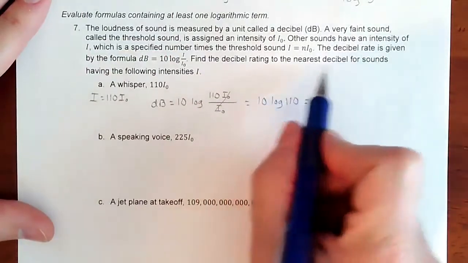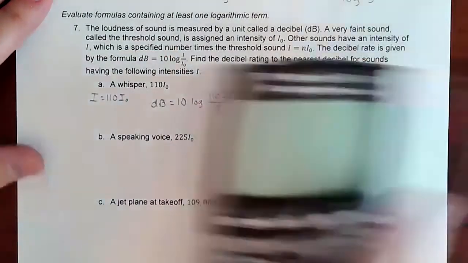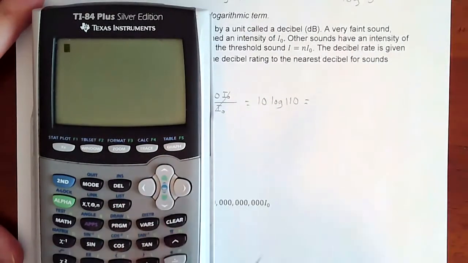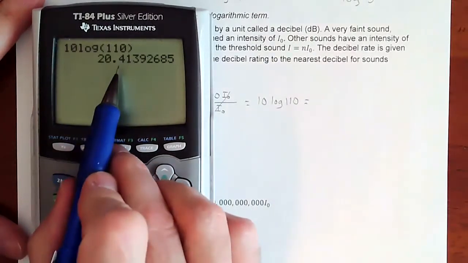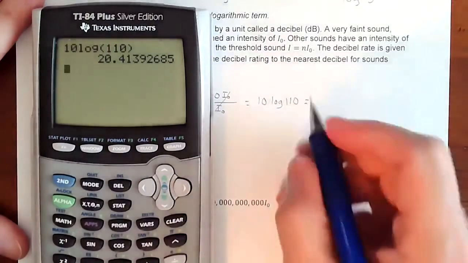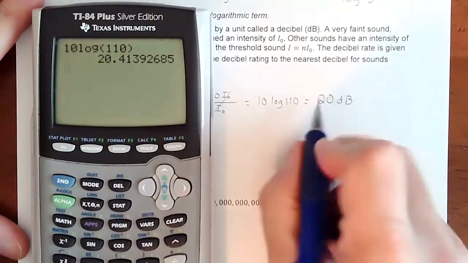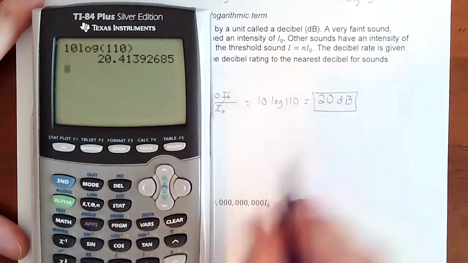We're going to round to the nearest decibel. So we plug in 10 times log of 110, and that's about 20 decibels. So a whisper is 20 decibels.